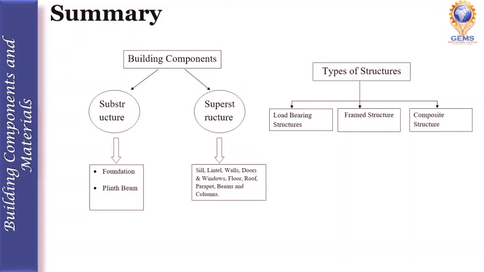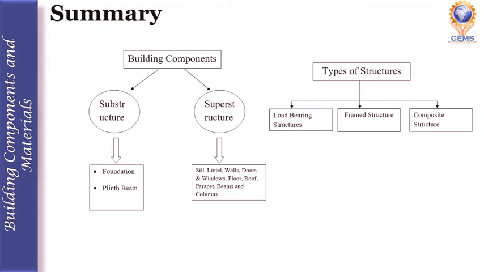In this substructure, the major two components are foundation and the plinth beam. Foundation is the lowermost component of a structure. It is used to transmit the load from the superstructure to the soil, and plinth beam acts as a transition member which connects the superstructure and the substructure.